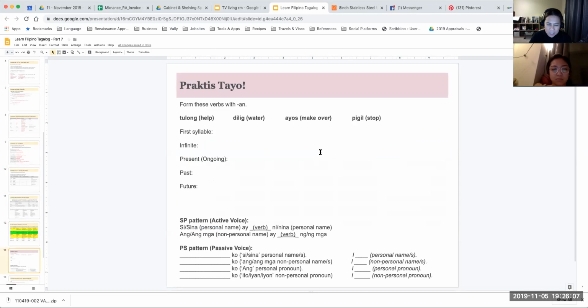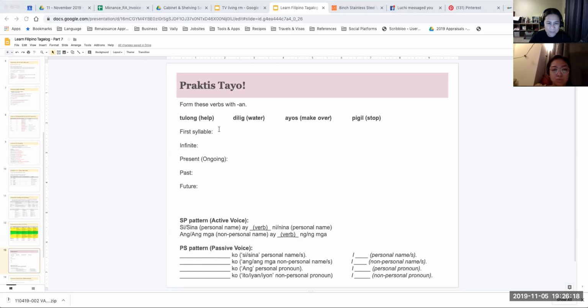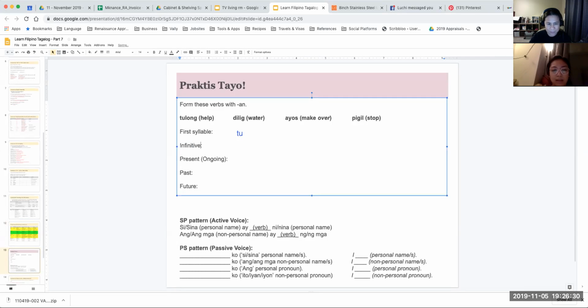So let's practice some more. Okay, tulong. What is the first syllable of tulong? Tu. Okay, so now you're going to help me. What's the infinitive? Tulungan. That's right.